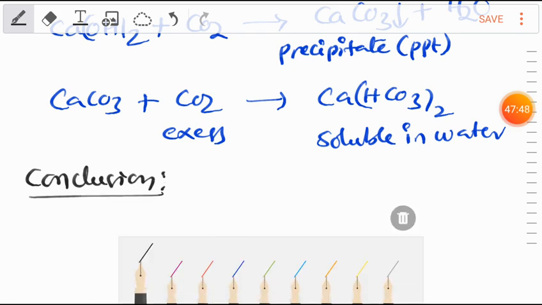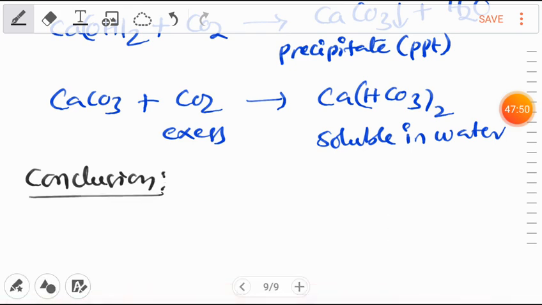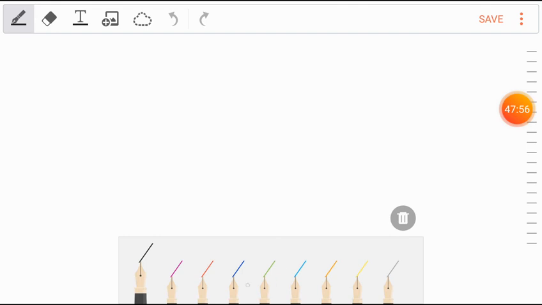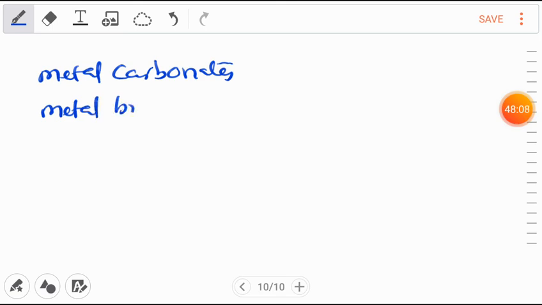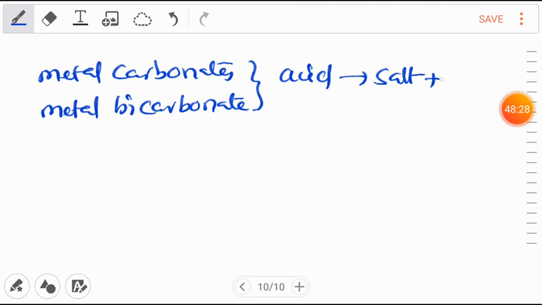And what is the conclusion? We can conclude that metal carbonates and metal bicarbonates react with acid to give salt plus water.